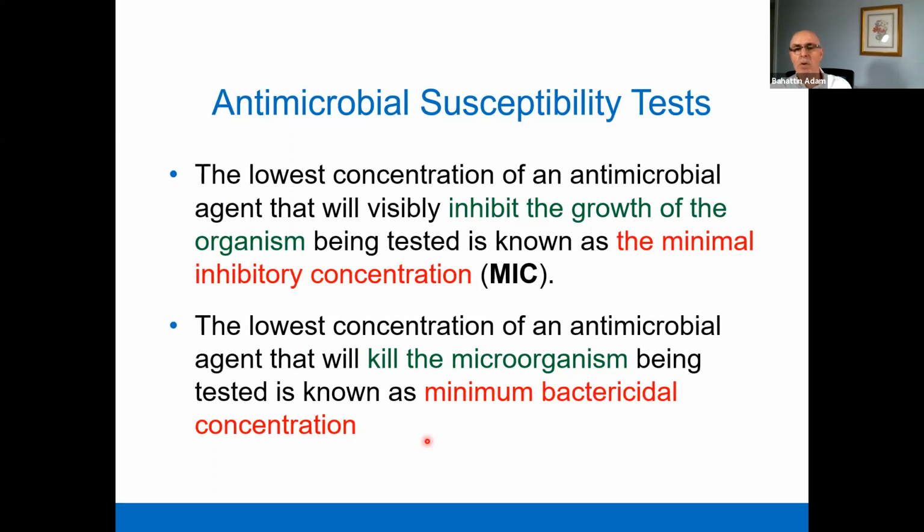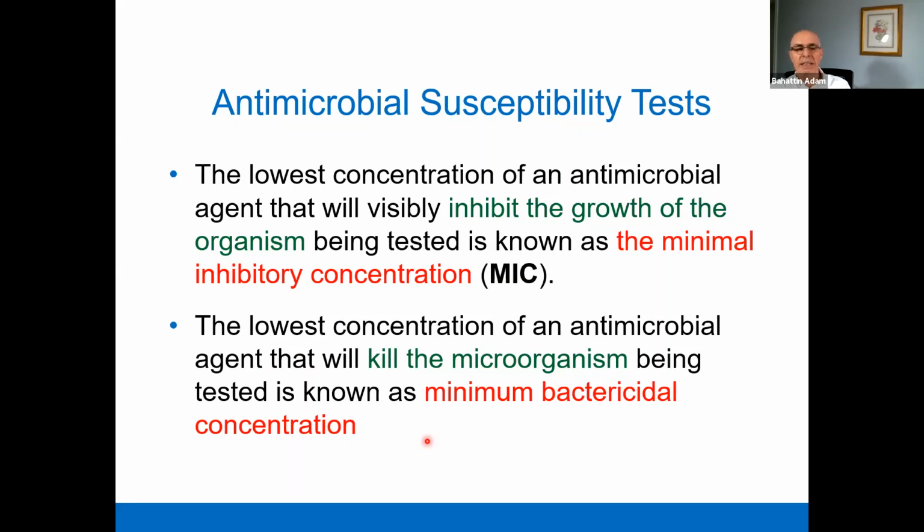There are two definitions here that we need to know: the minimal inhibitory concentration and the minimal bactericidal concentration. The lowest concentration of the antimicrobial agent, antibiotic, that inhibits the growth of the organism is known as the minimal inhibitory concentration.